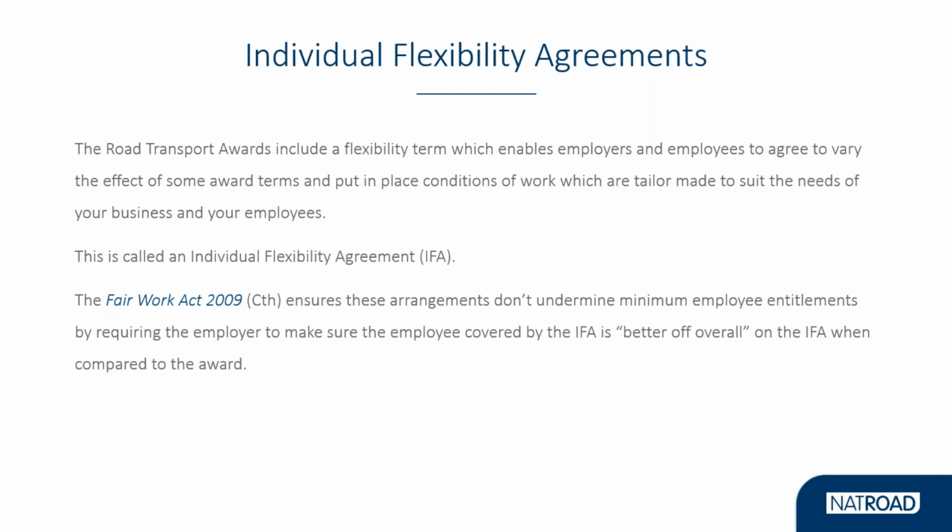So in the awards, I think off the top of my head, it's clause 7 of the award. And it's this flexibility term which enables an employer and employee to agree to vary the effect of some of the award terms. And through this mechanism, customise the arrangements to suit their need and your need.